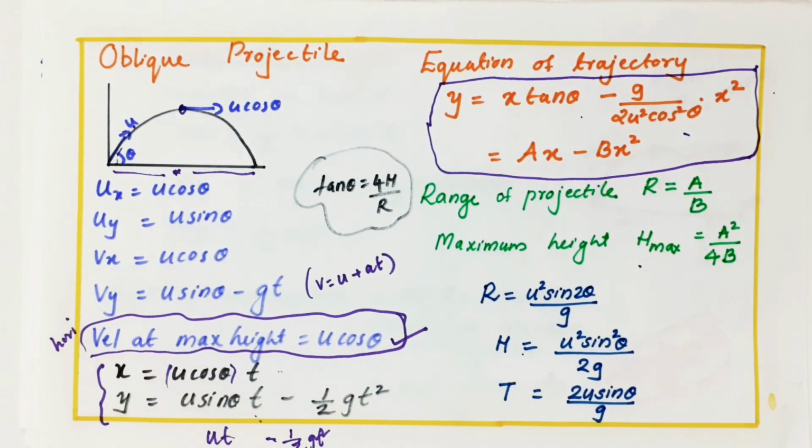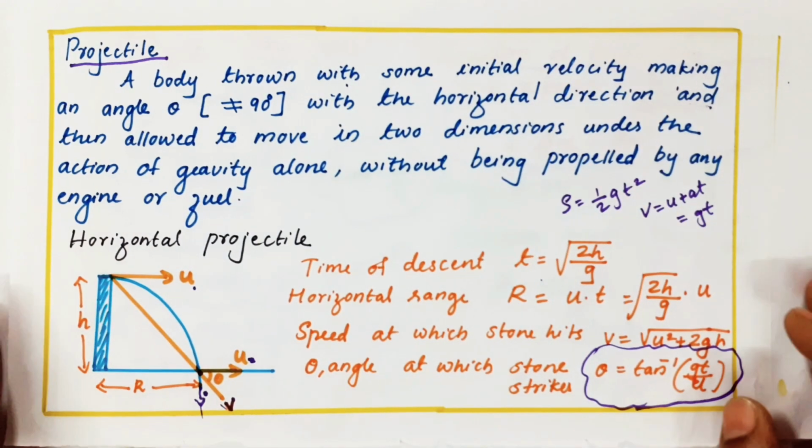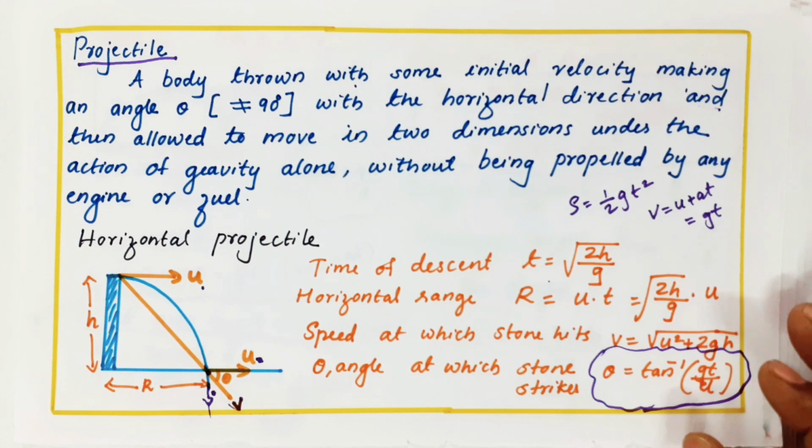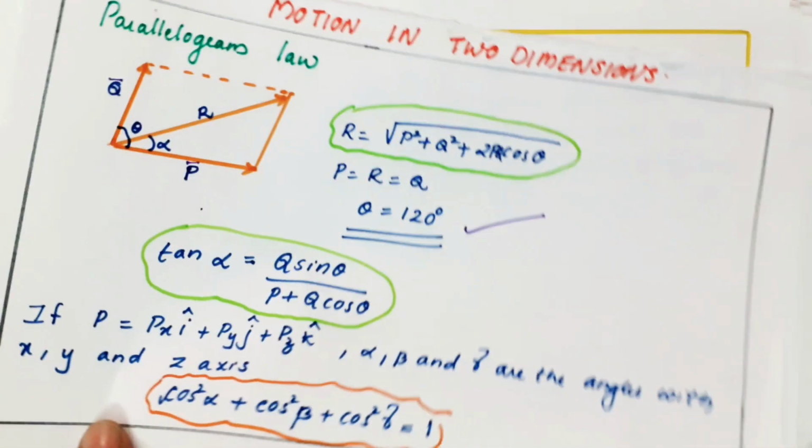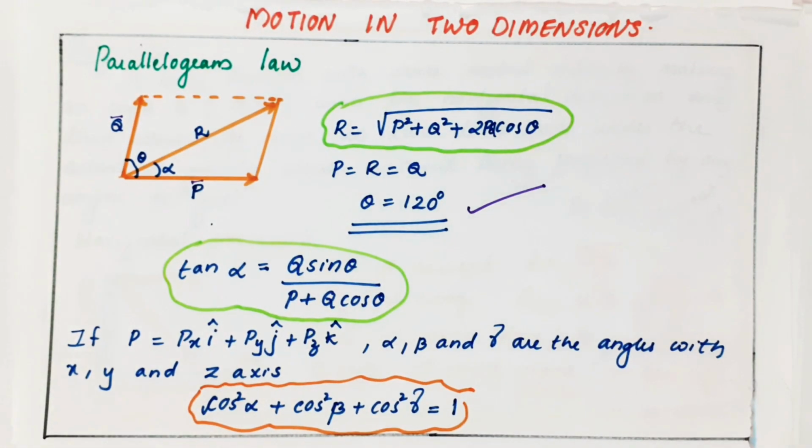Oblique projectile equations you have to remember this full page. Then horizontal projectile is simple. In all of these, it moves in a parabolic path, that you should remember. And the basic thing is this one, parallelogram law. So in motion in 2 dimensions, they can ask questions related to this. So study these concepts and solve more questions.